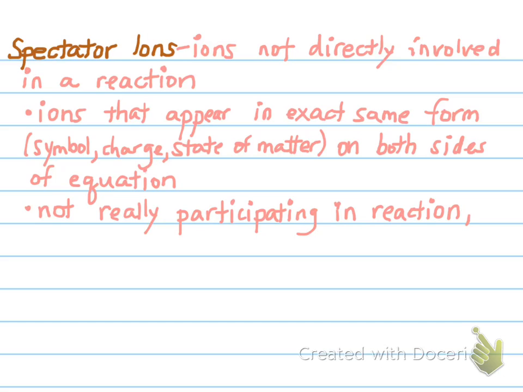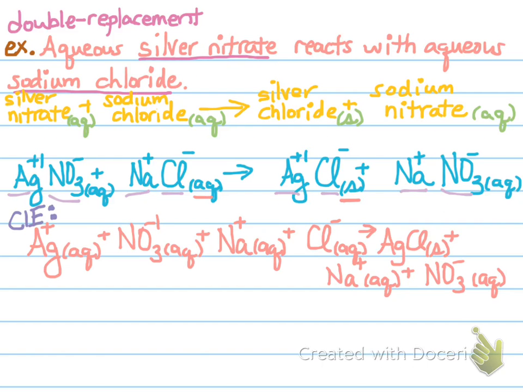And because they're not really participating, we can leave them out. Again, this reaction can happen whether those spectators are there or not. So we want to identify who the spectator ions were back in this reaction.